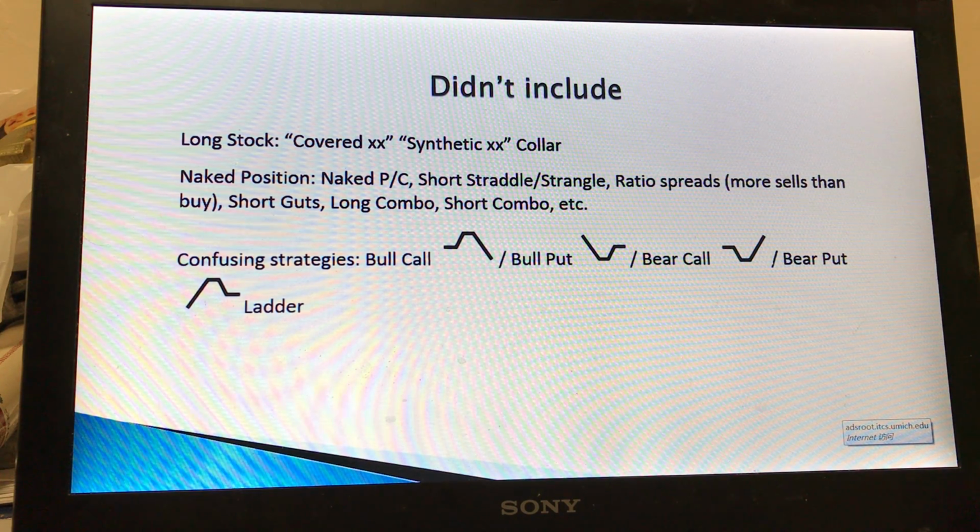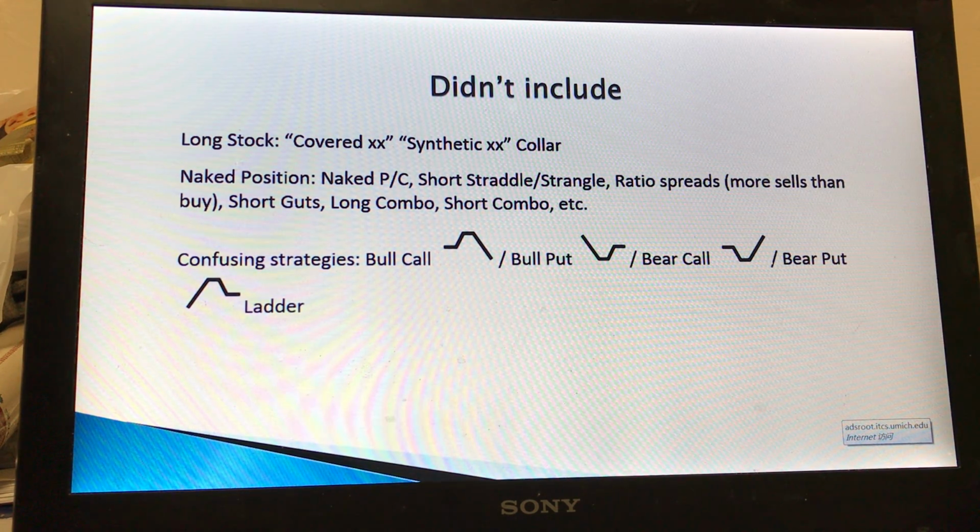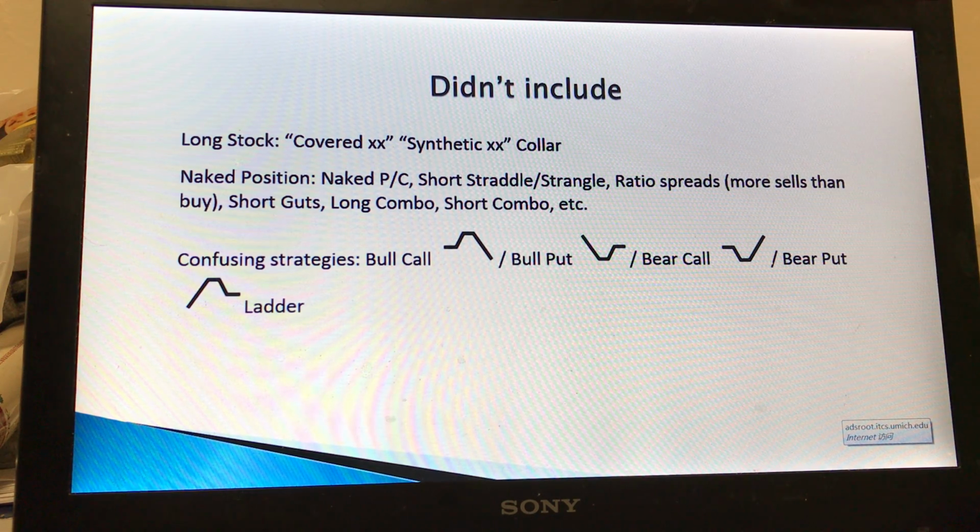Also, something like short guts, long combo, short combo, etc. Since if you do a naked position, for most brokers, they will need you to hold 100 shares of the underlying stock or 100 times the strike price. So this can be quite expensive in comparison with your profit potential. So I didn't include these in my presentation.